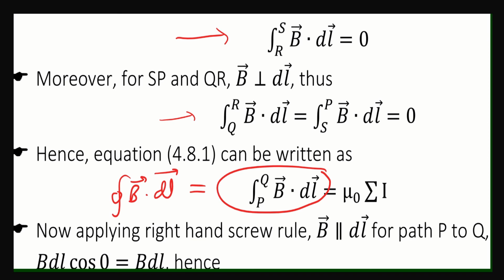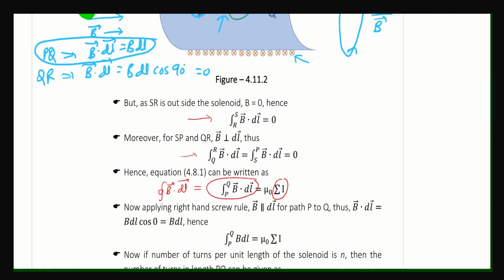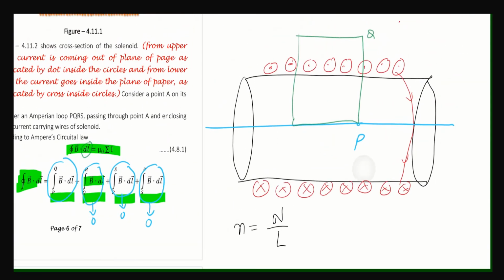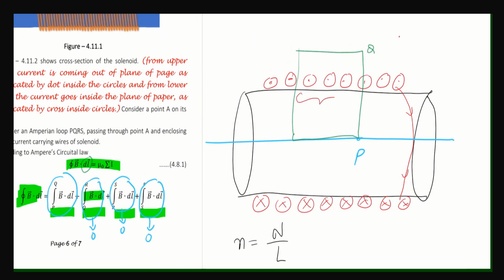Now, what is sigma I? Sigma I is the total current, or the number of current carrying wires, enclosed by the Amperian loop. So I need to know how many current carrying wires are here, and this formula will help us.